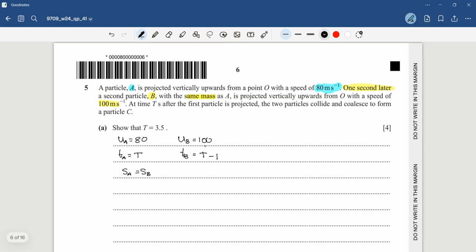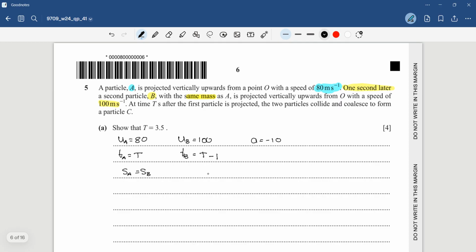So for both, they are moving under gravity, so your A will be negative 10. Okay, for both of them, because A and B are moving vertically, it's fixed. Your A is negative 10 for this case.